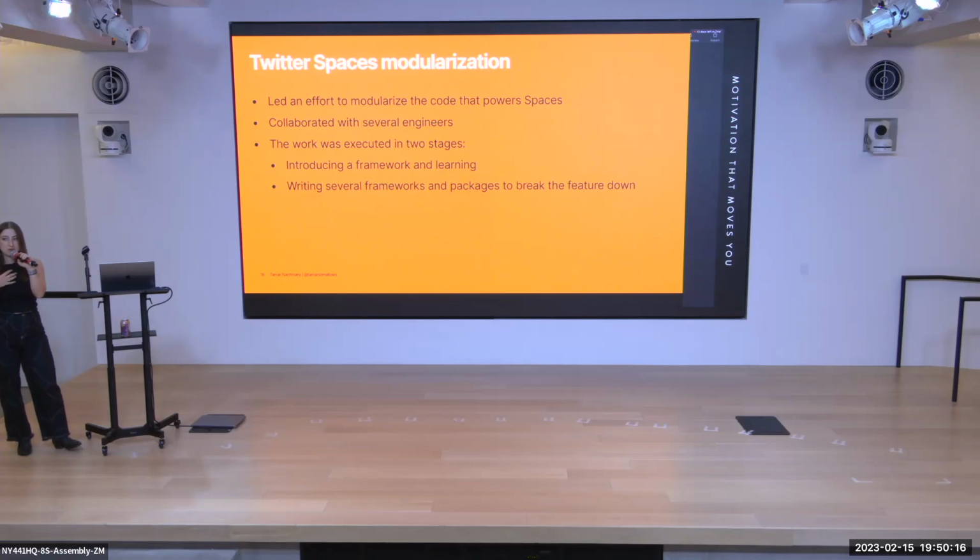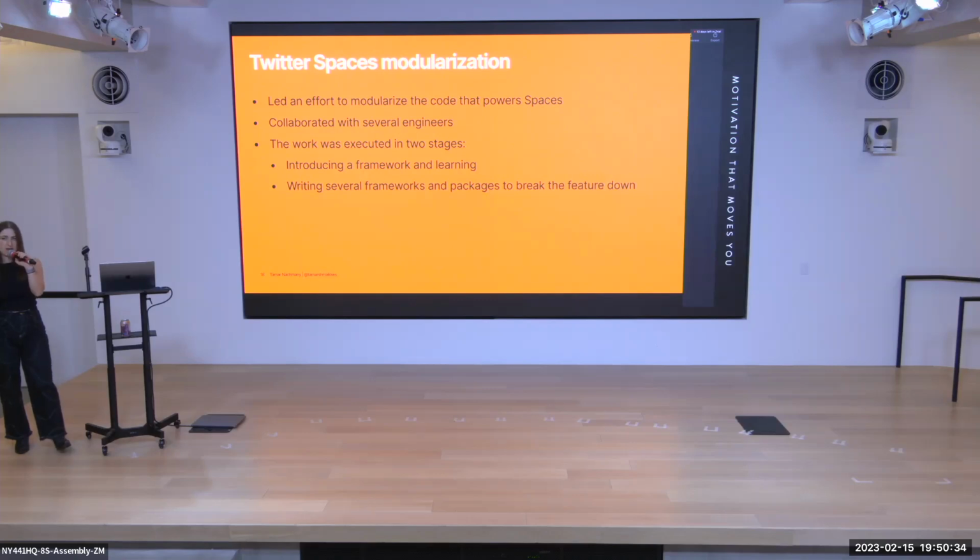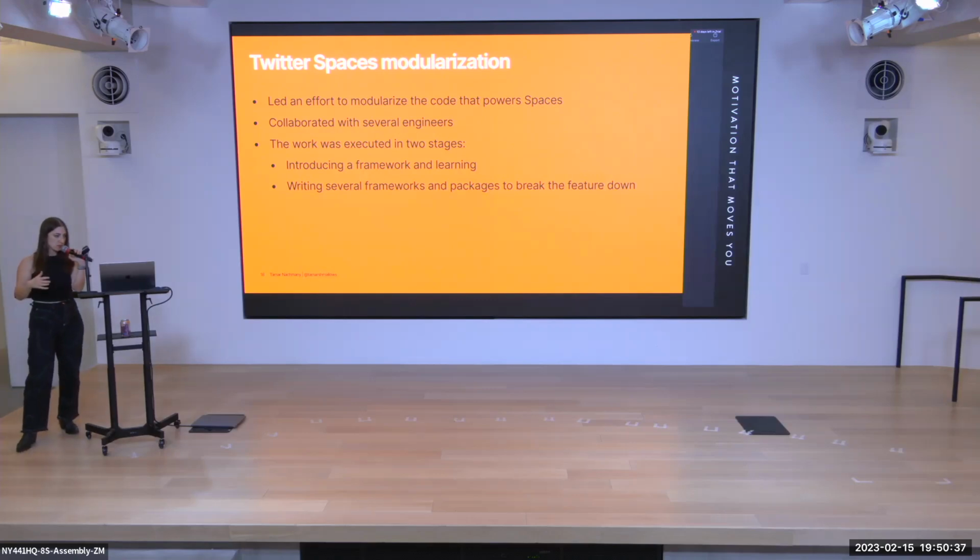So I was at Twitter, I worked on two product engineering teams. Like I mentioned, I started on the in-app purchase team and built a framework and package there. And then I moved to Spaces, observed very slow build times and all these ergonomic issues that I wanted to improve.